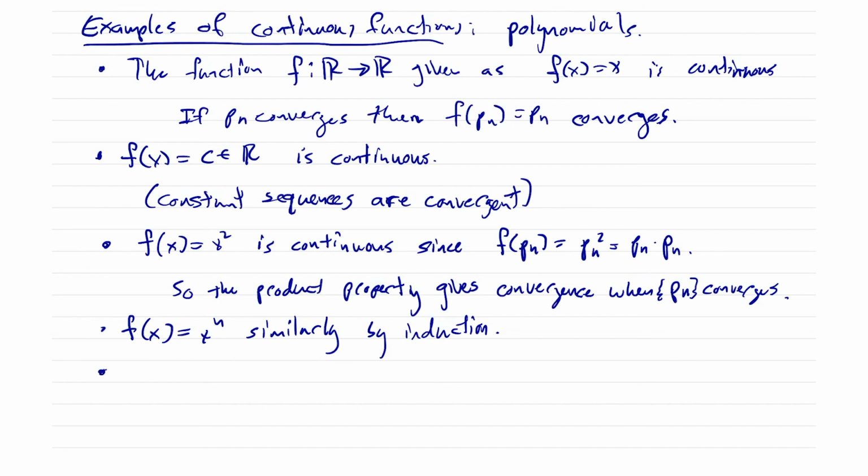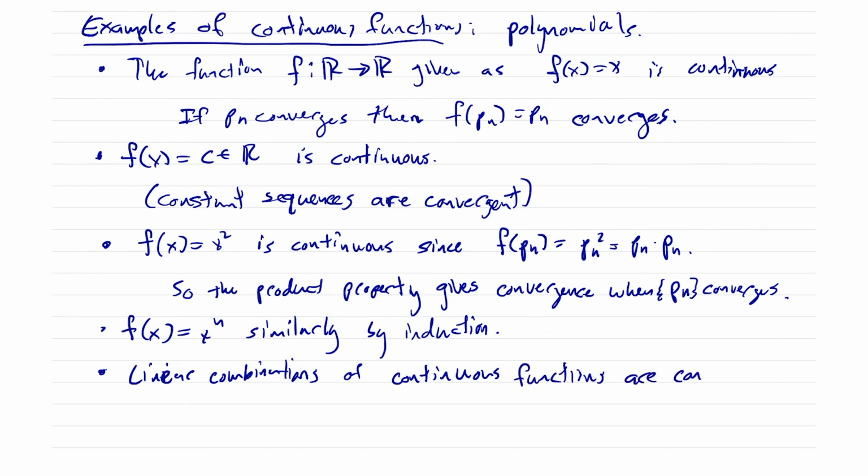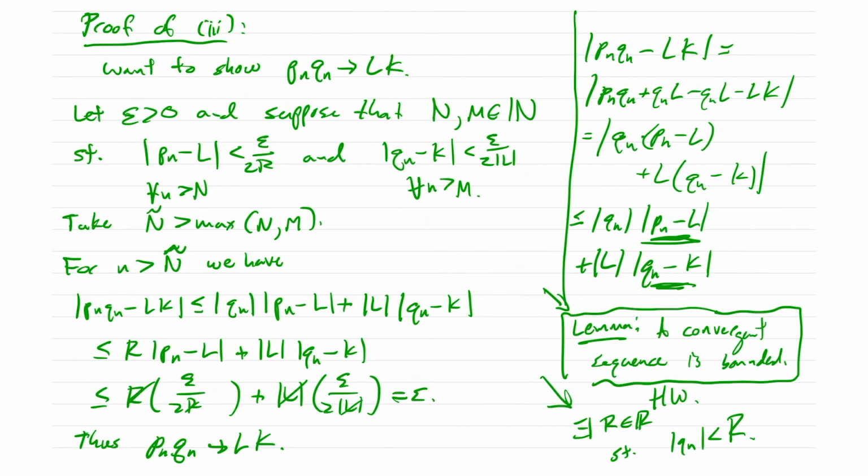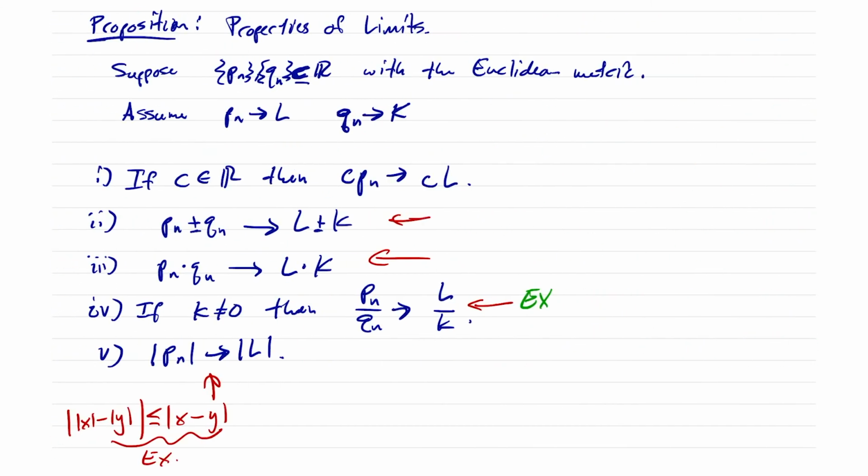So then linear combinations of continuous functions are continuous, and that just follows from the sum and the scaling property here.